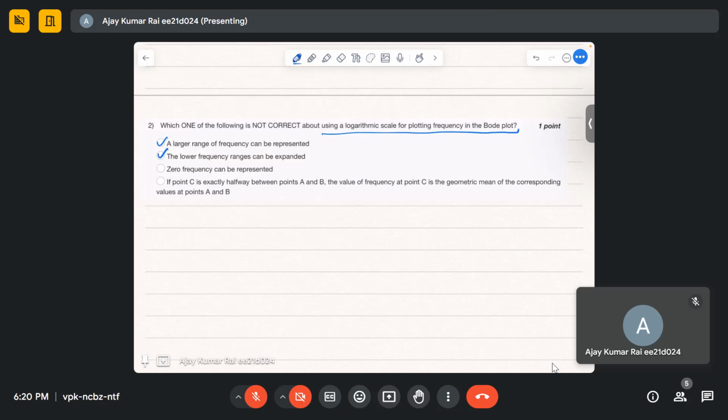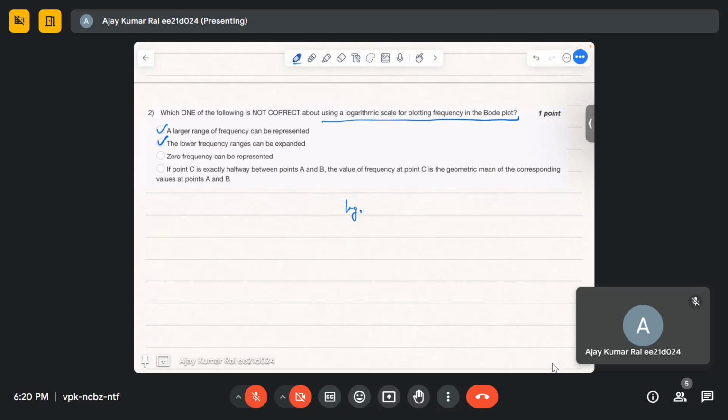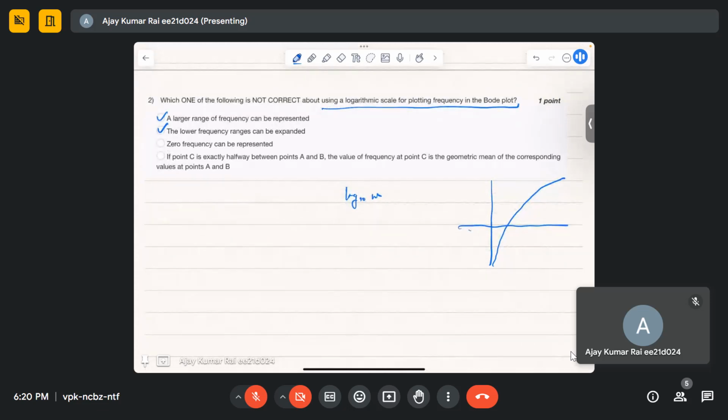You cannot represent zero frequency, because we are taking log of omega. If you plot the log function, you see that at zero it tends to infinity, and this value is 1.